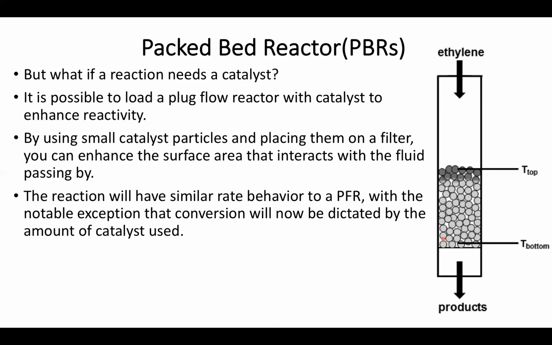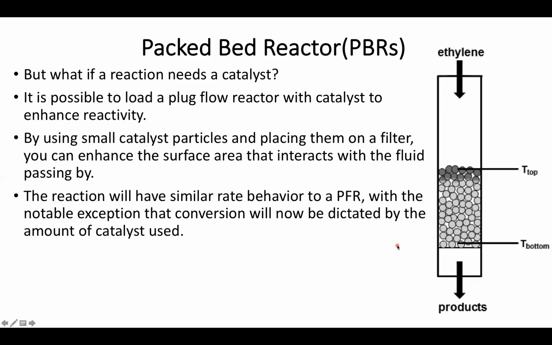But it is worth noting that we're going to have very similar rate behaviors to our plug flow reactors because we're still seeing a concentration difference. But there's one major notable exception, which is where the reaction is occurring. I may have a plug flow reactor, but I'm not going to see any major reactions until I hit the catalyst. And then once I leave the catalytic region, the reaction should be more or less stopped.